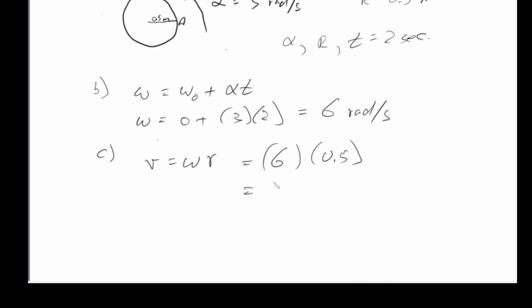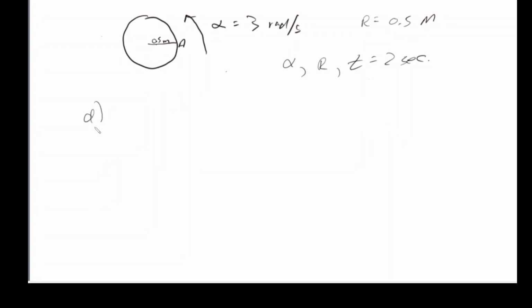So this becomes 3 meters per second. Part D asks, what is the tangential acceleration? So a tangential is equal to alpha times r, which is equal to 3 times 0.5. So that is 1.5 meters per second squared.